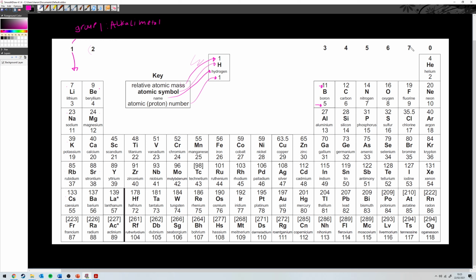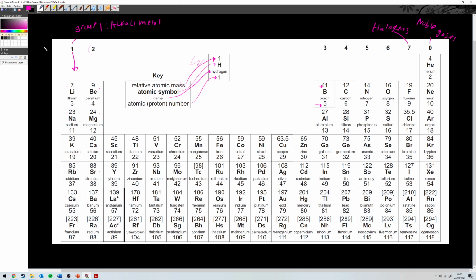The next ones you need to know: group 0 are called the noble gases, and group 7 are called the halogens. The noble gases contain helium, neon, argon, krypton. You get the idea. The same for the halogens: fluorine, chlorine, bromine.